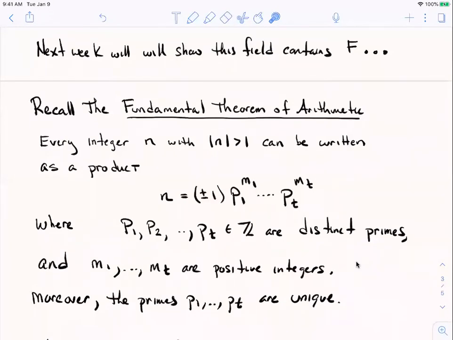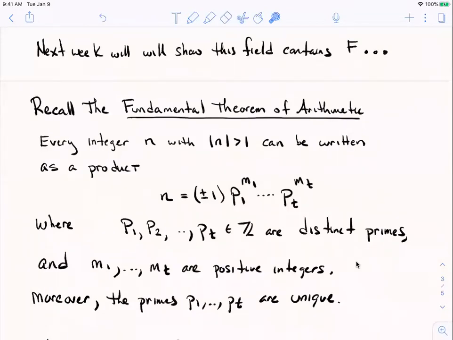If you only dealt with positive integers, you didn't have this plus or -1 out there. It was always a +1. But I'm just going to kind of restate this, that any non-zero non-unit in the ring of integers can be written as a product of a unit and a product of distinct primes to powers. And the primes are unique.